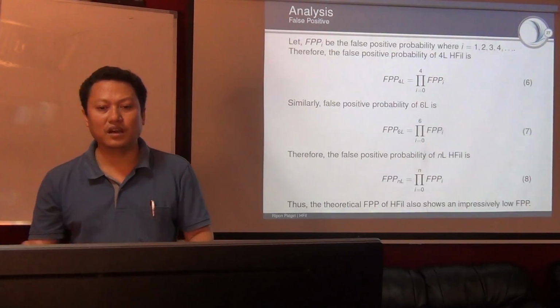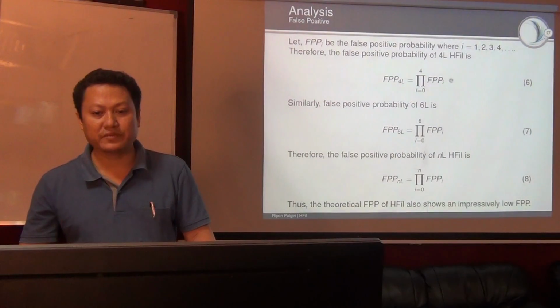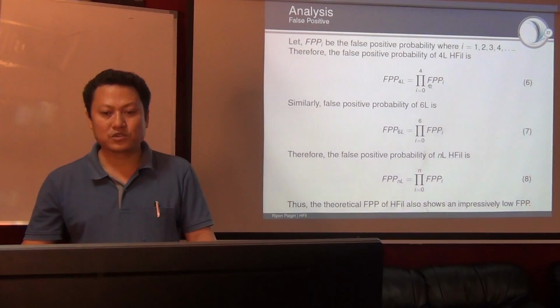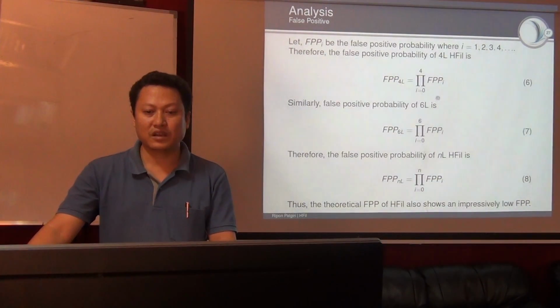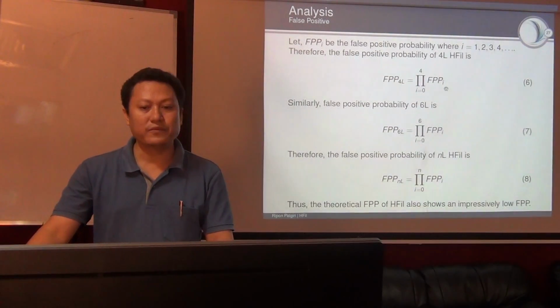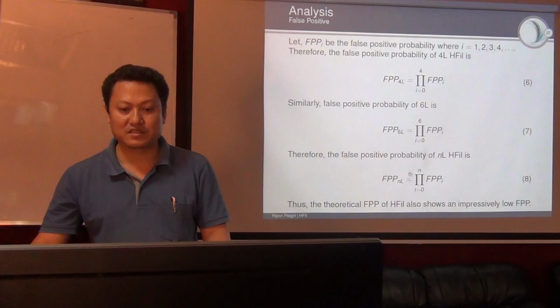So this is the false positive analysis of 4L. If the false positive is FPP, then for i from 0 to 4 the false positive of i will be multiplied, and similarly for 6, and for nth it will be multiplied.